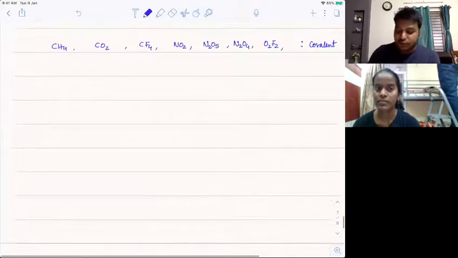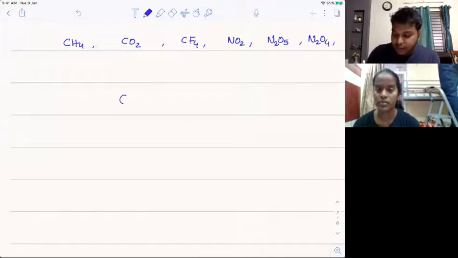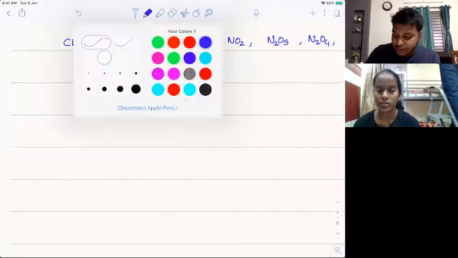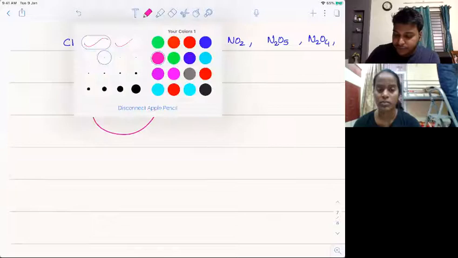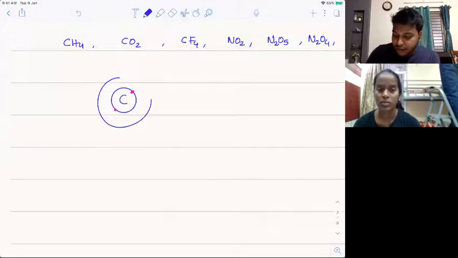For instance, I'll show you one of them. See, carbon first orbit. Suppose this is the first orbit of carbon. Carbon's first orbit has 2 electrons in it. Let's say these are those 2 electrons. Then it has second orbit around it.